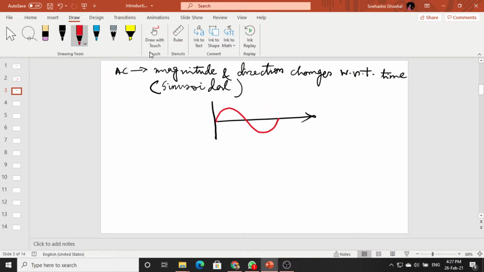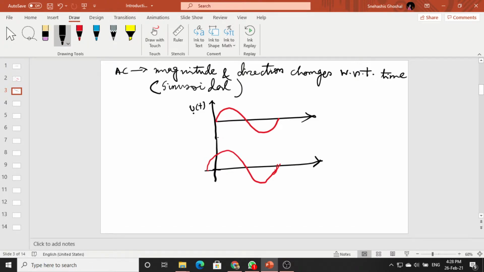Suppose this is a voltage signal given by V(t), graphical representation. Also assume that there is a current signal or another voltage signal. So there are two signals.